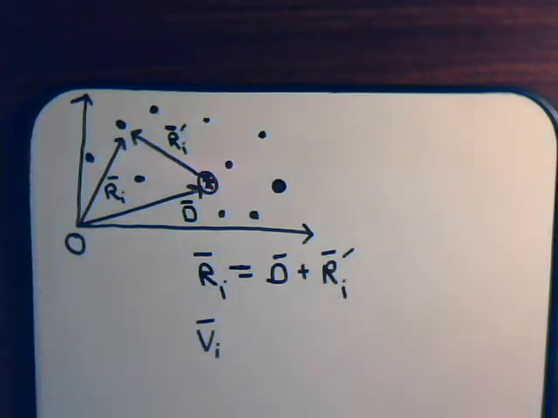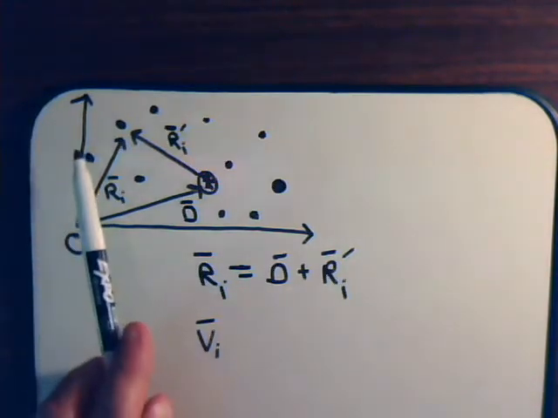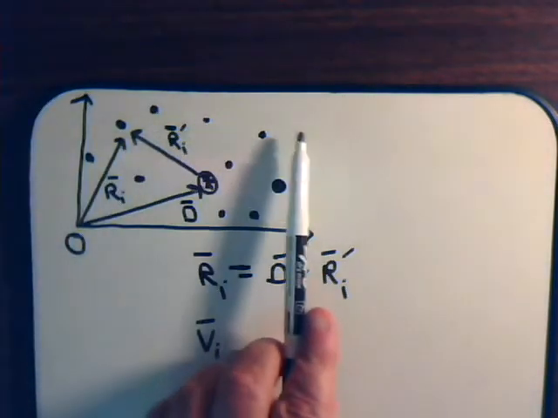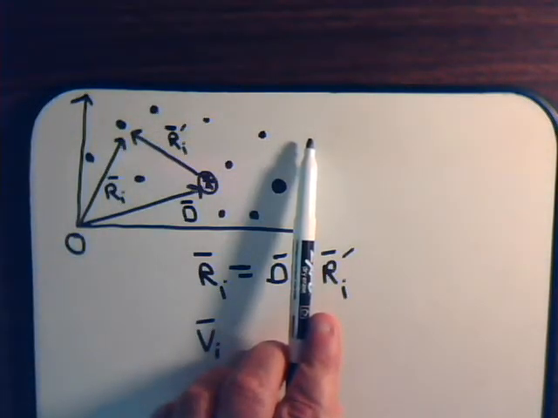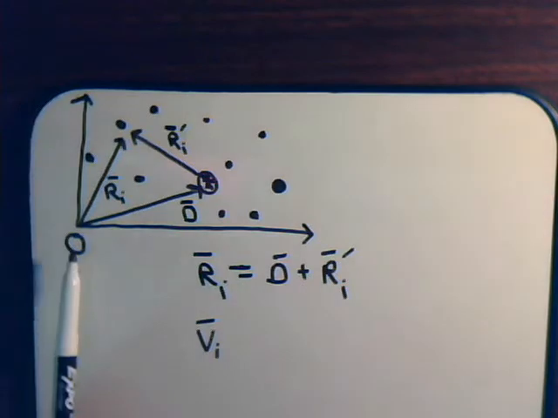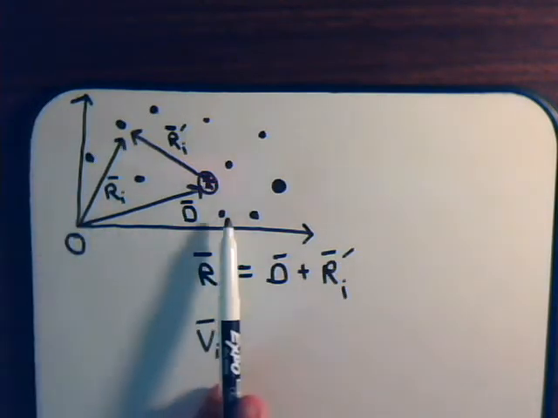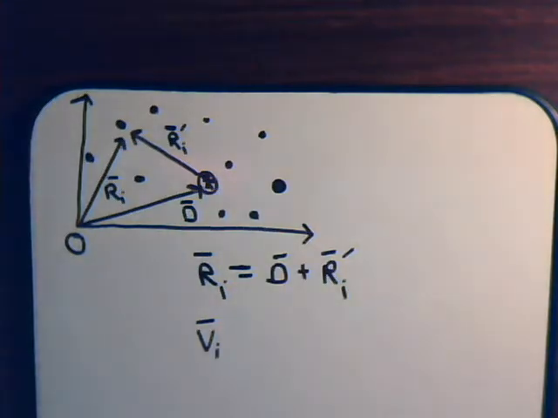So for example, these might be a swarm of celestial objects going past, and we're in a galaxy at position O, measuring the velocity of these different celestial bodies.